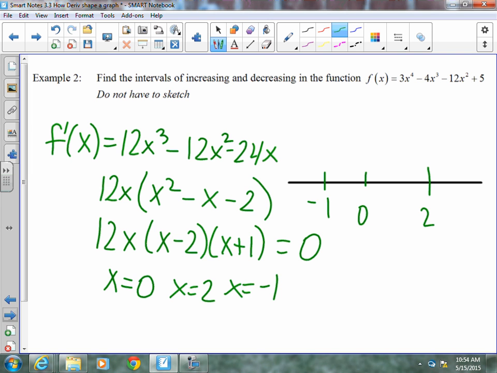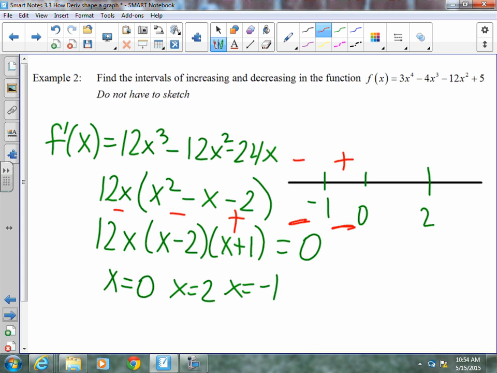So there's our critical values. Now let's test a value to the left of negative 1, like a negative 2. We'd get a negative times a negative times a negative, which is a negative. We test a negative 1/2. We get a negative, and a positive, which is a positive. Test a 1.